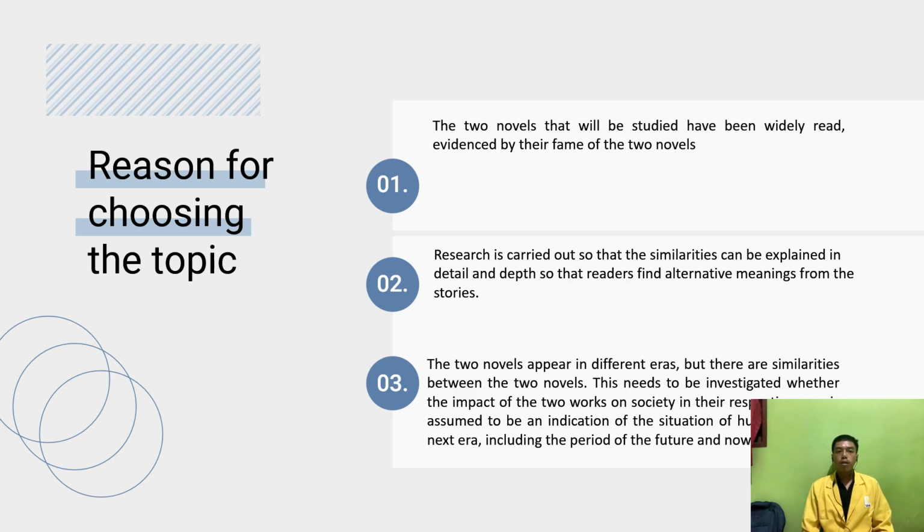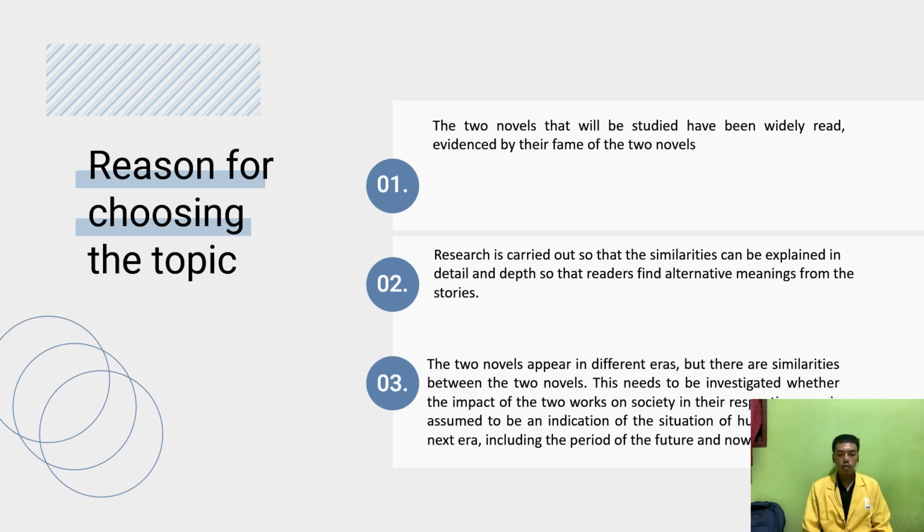The Outsider has also been adapted into a movie or a film. Romeo and Juliet has also been adapted into a drama or novel. Number 2.